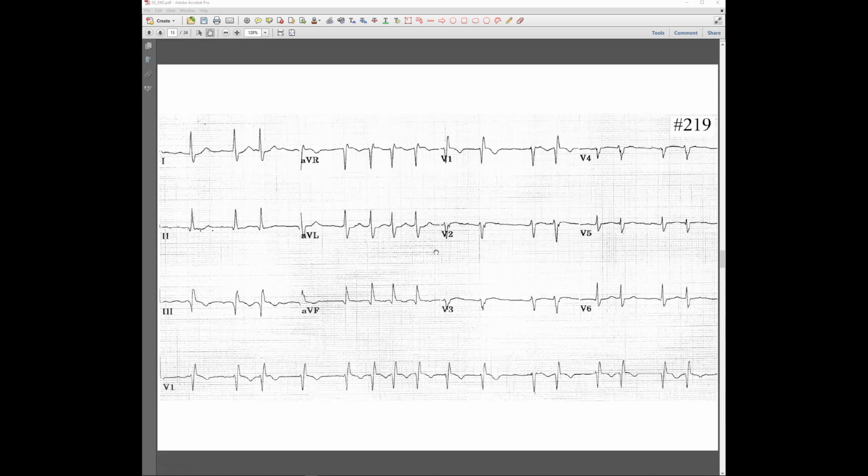However, if you look at V1, R, S, R. And on the left side, you do see a wide, walking stick S wave. Incomplete right bundle branch block? Yes. Great.